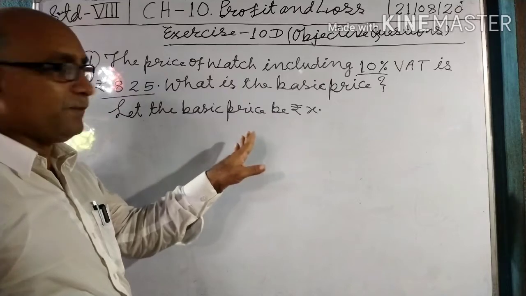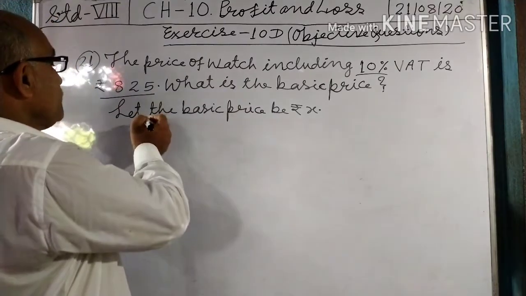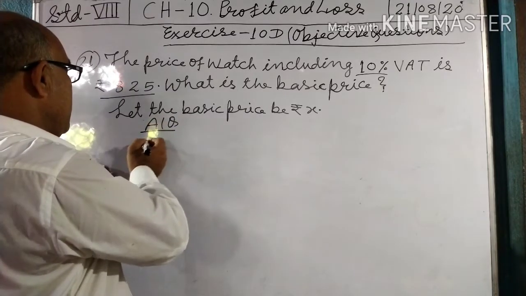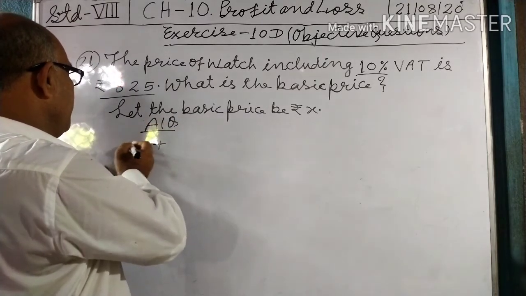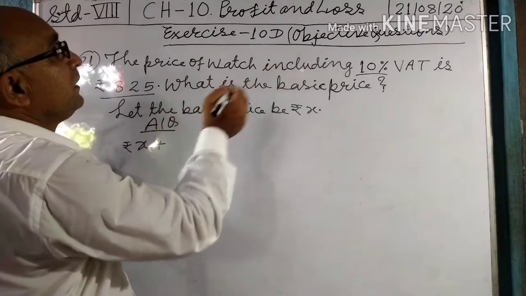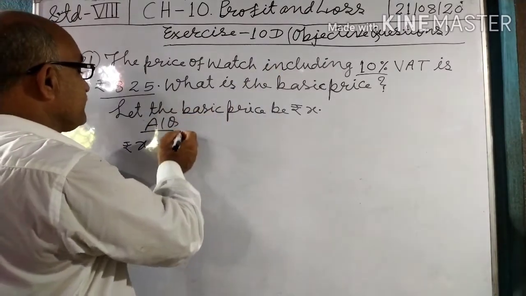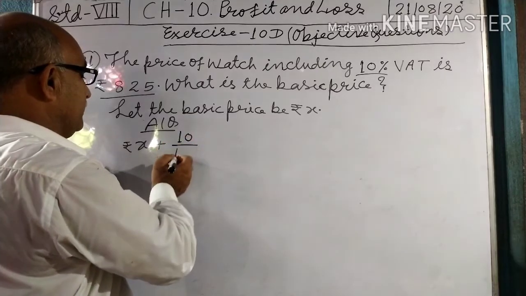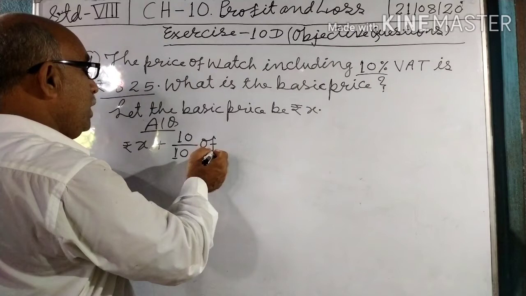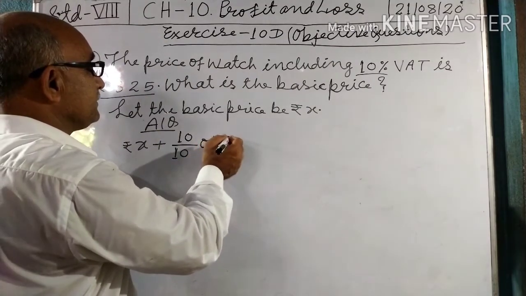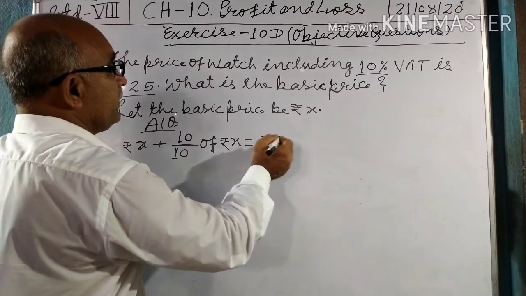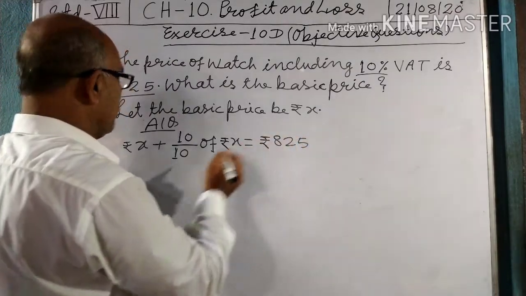So according to the question, rupees x plus 10%, that is 10 by 100 of rupees x equal to rupees 825.